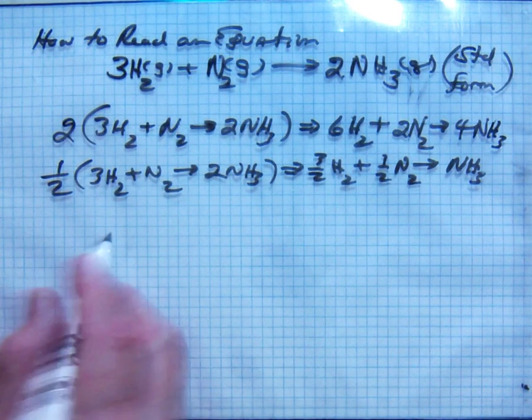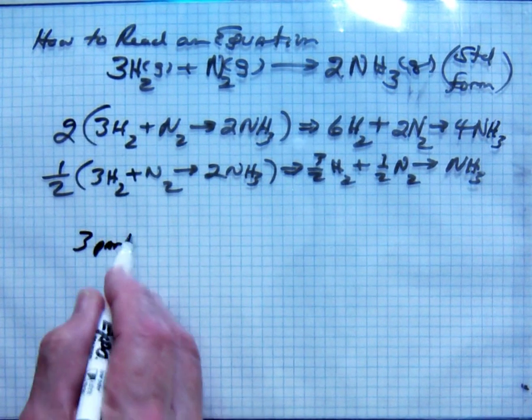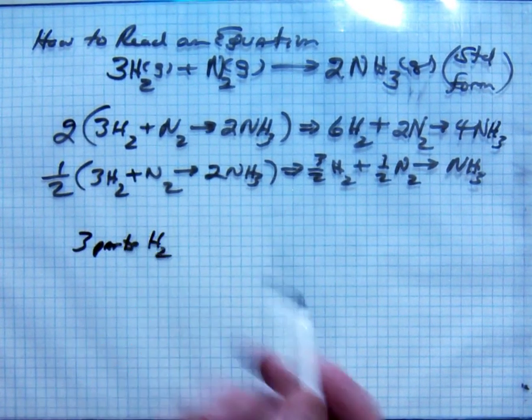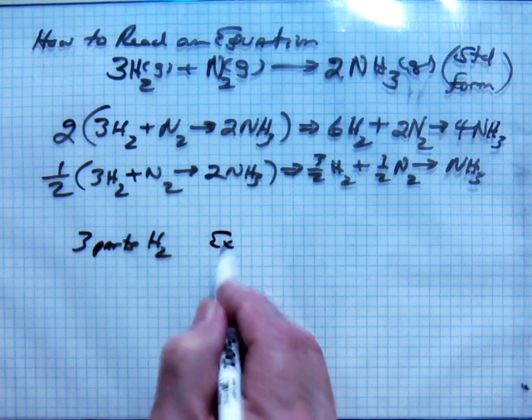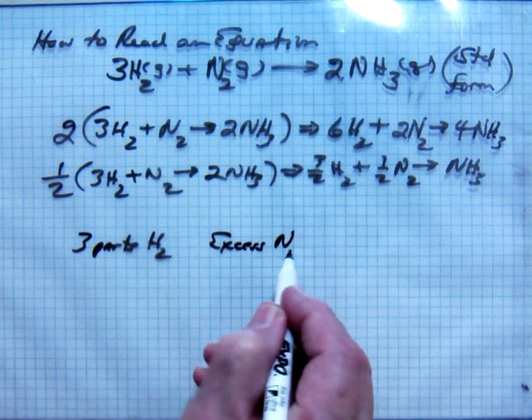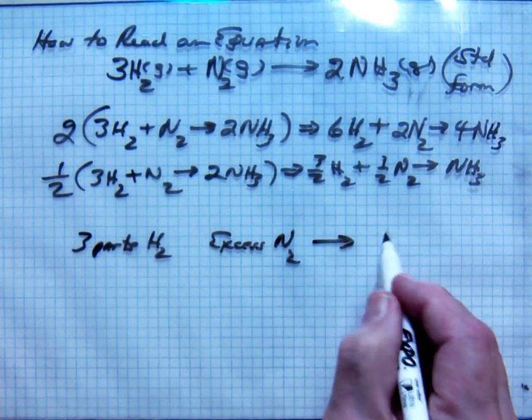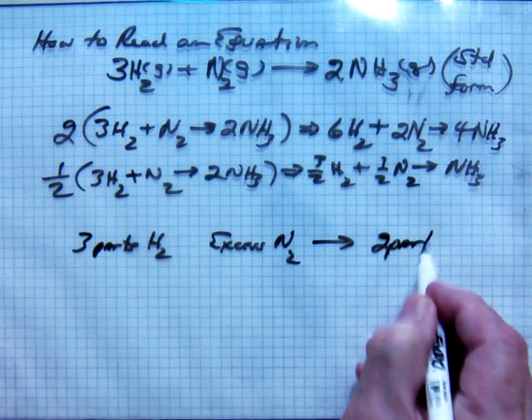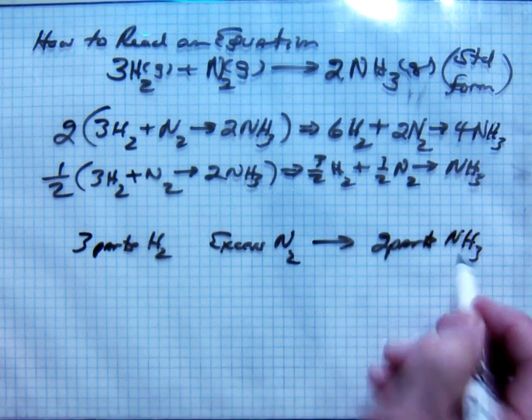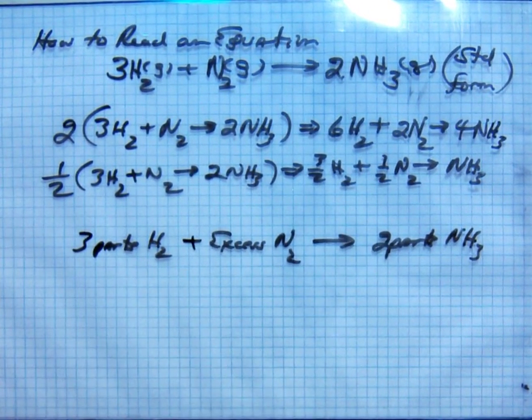And so if I take 3 parts of hydrogen and an excess, say, of nitrogen, I'm still going to get 2 parts ammonia. Three parts hydrogen and an excess of nitrogen will still produce NH3.